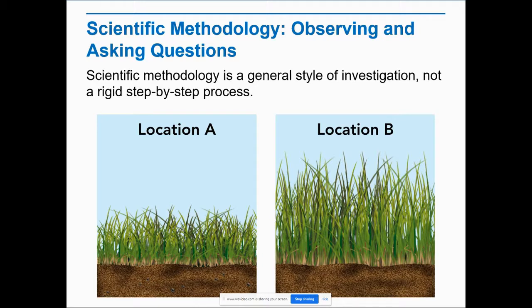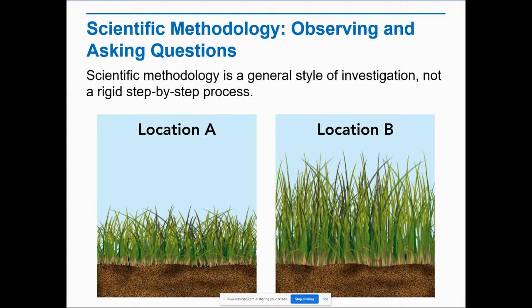And so an observation like this might lead to a question. These are both marsh grasses, and observing that location A has short grass and location B has long grass might lead you to ask a question such as, why do marsh grasses grow to different heights in different places?